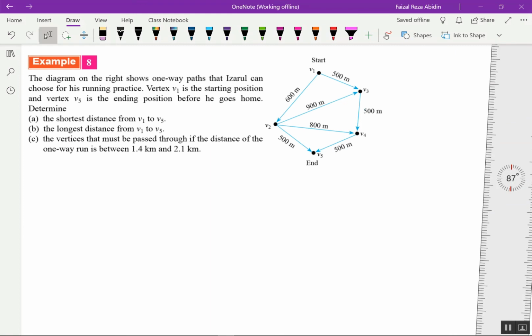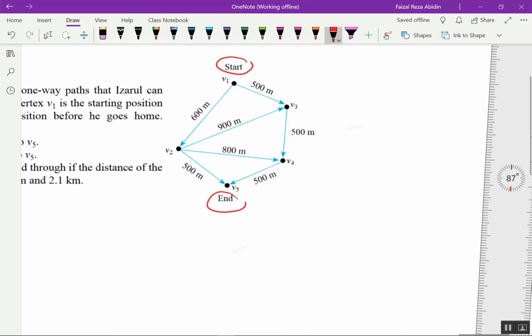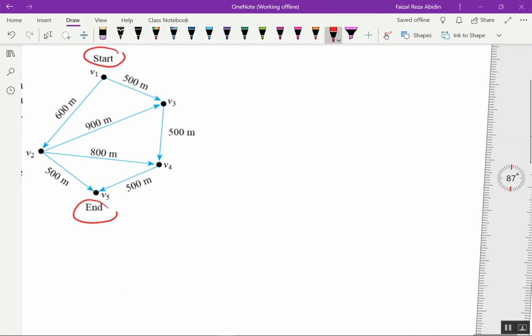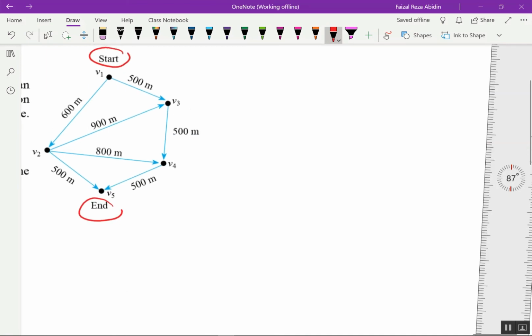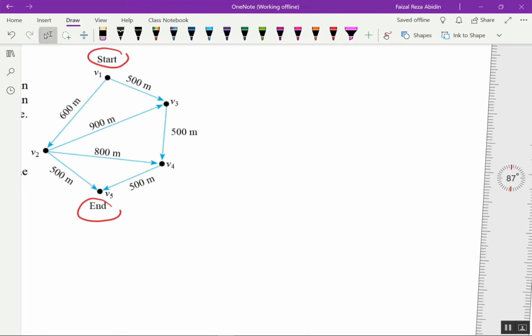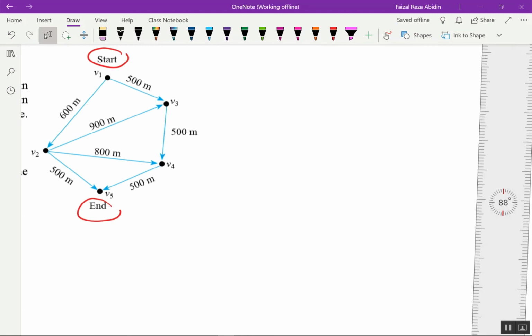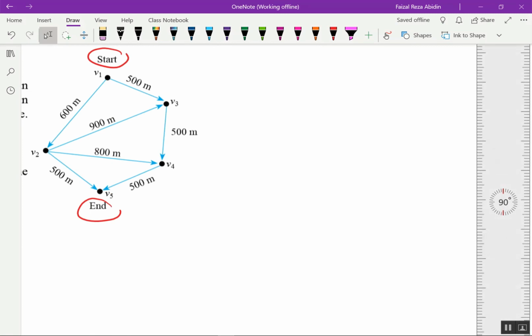Given over here already, our start position. And vertex V5. Okay, over here is our ending position before he goes home. Okay, determine. Okay, don't look at the question yet. Okay, first of all, from the weighted graph given here, we are going to come out with what is given first.